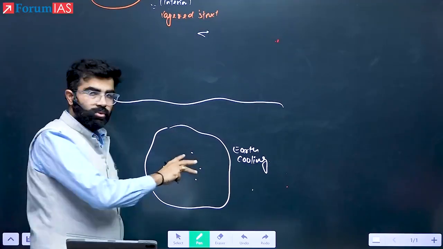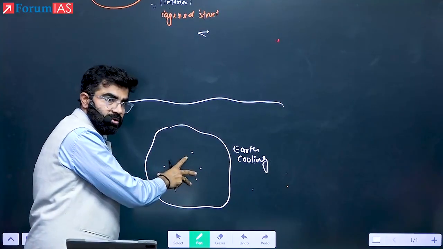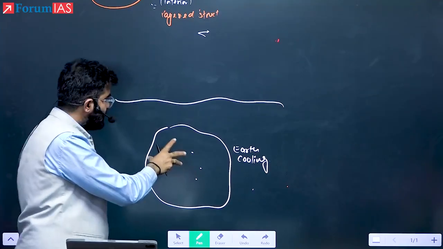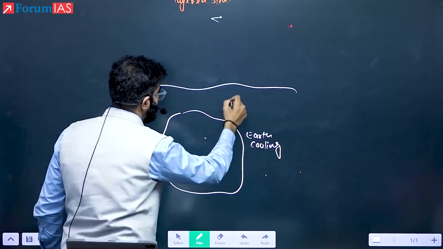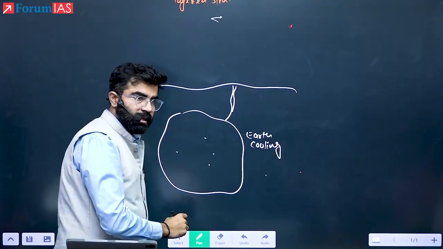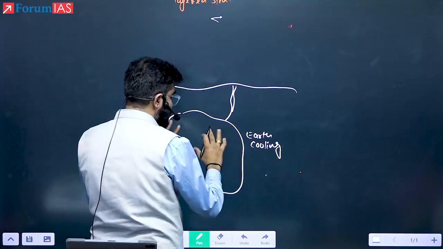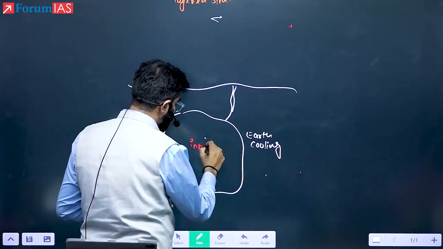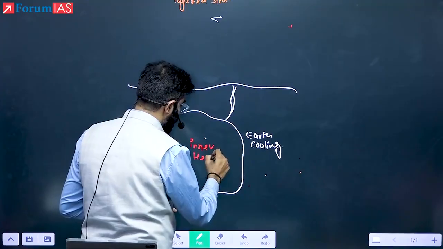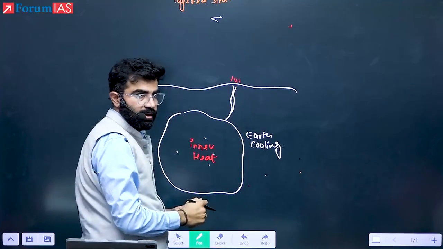Now, when the earth wants to cool, the inner heat which is trapped will try to escape out. In what form can it escape? In the form of volcanic eruptions, yes or no? Yes. So it is the earth's inner heat which was trying to escape, and this inner heat escaped in the form of volcanic eruptions. A lot of volcanic eruptions were going on.